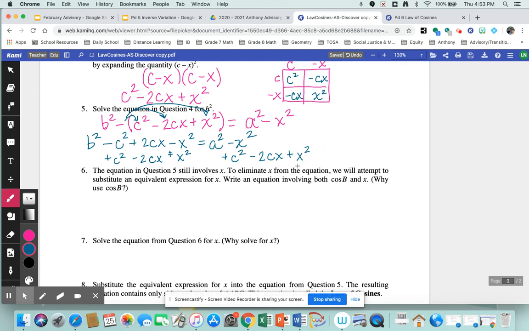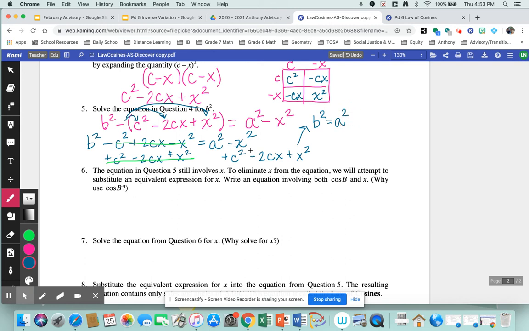And so now I need to combine that. So I'm going to have b squared is equal to, so I just eliminated all of this and all of this. So I'm going to start over here with my a squared.